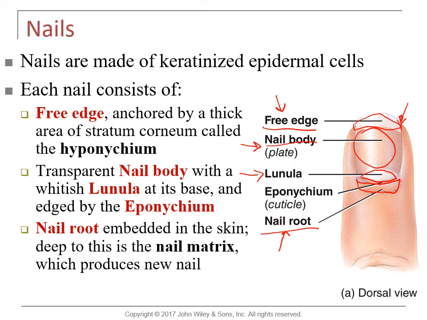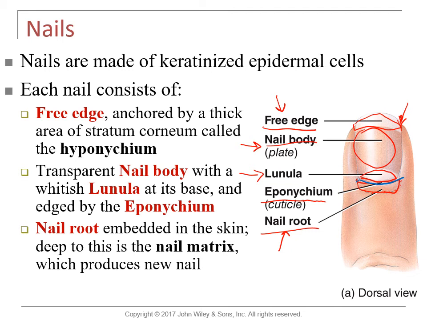So we also have the eponychium, or we also call it the cuticle, okay. It's going to be right here, okay. And then the eponychium or cuticle is a narrow band of epidermis that extends from and adheres to the margin, the lateral border of the nail wall.